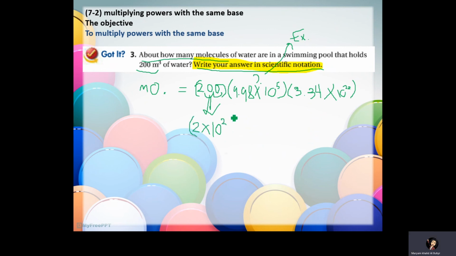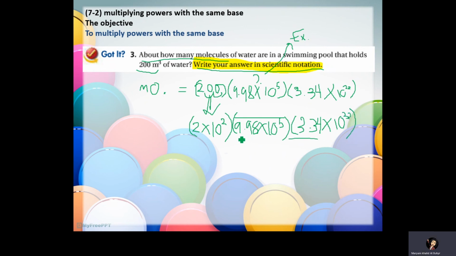So times this 9.98 times 10 to the power 5, times 3.34 times 10 to the power 22.